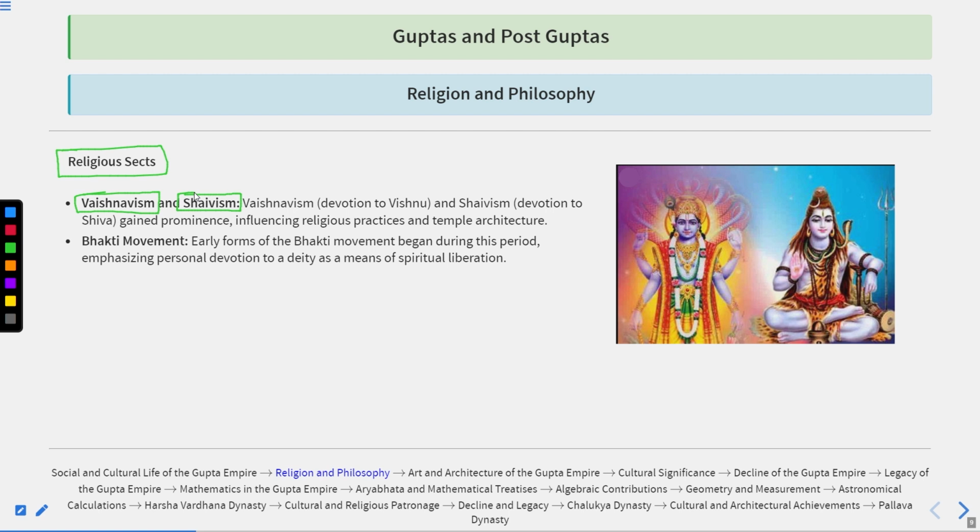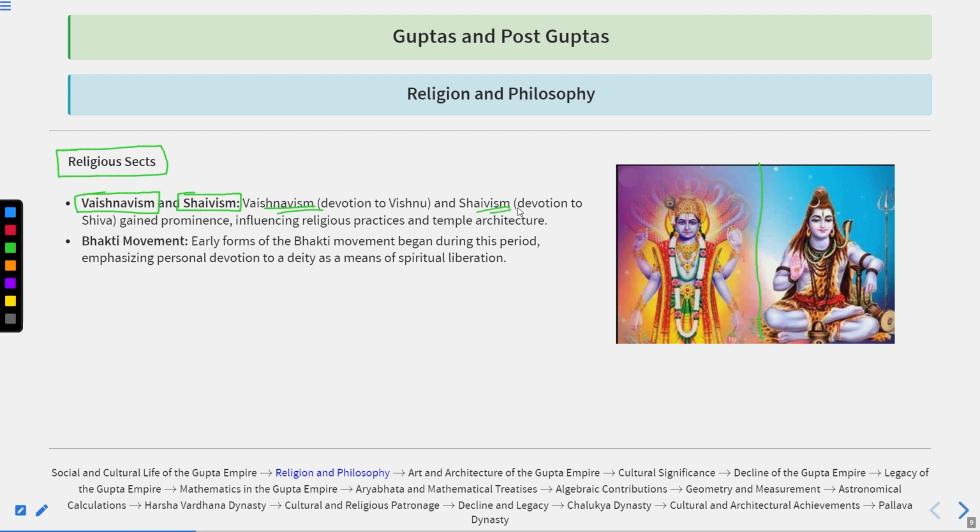What is the key difference between these two? Here you can see a portrait of two Hindu deities. One is Lord Vishnu, the second is Lord Shiva. Vaishnavism is devotion to Vishnu, when you devote yourself to Vishnu. Shaivism, on the other hand, is devotion to Shiva.